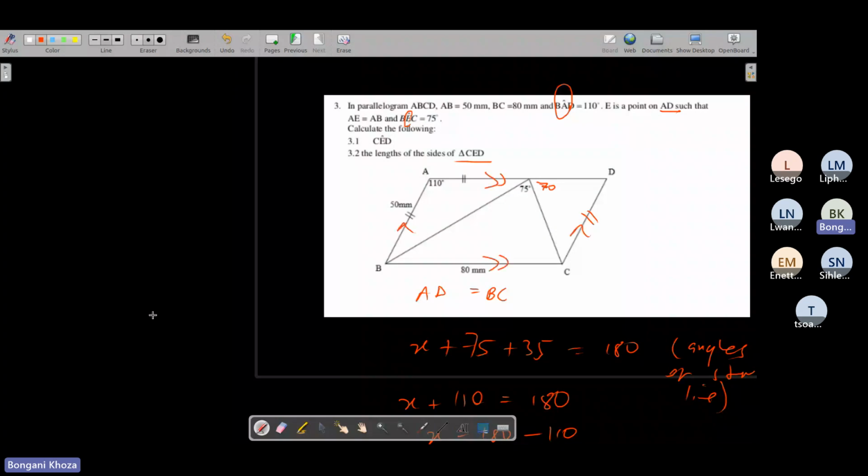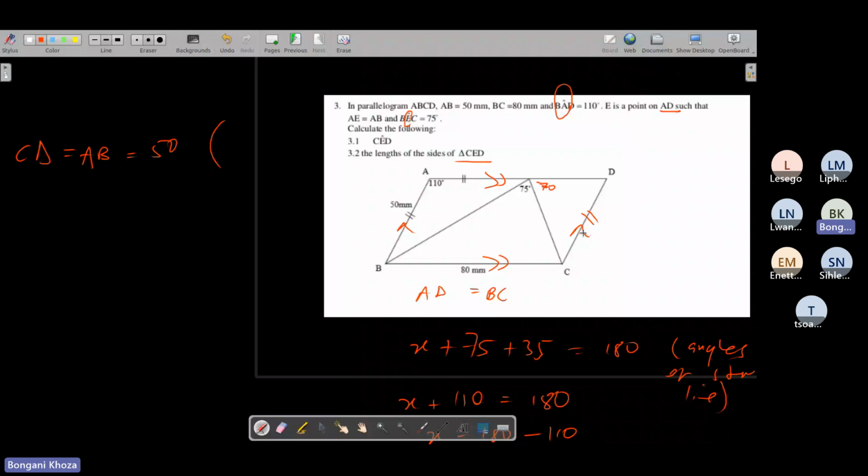So firstly, I'd suggest that we find, if we say this side is equal to that side, so we'll say CD equals AB, equals 50, like that.